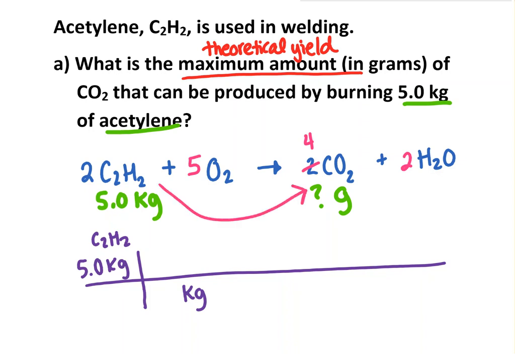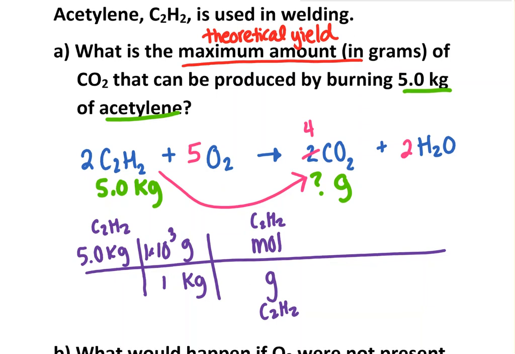But I can't use molar mass to get to moles until I get to grams. So I'm going to do that first. Then I can go from grams to moles of acetylene, so that from the moles I can switch compounds.